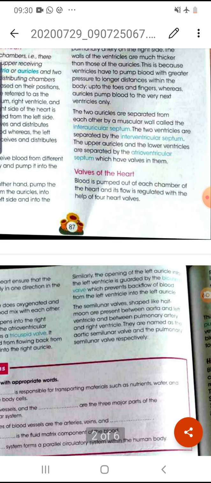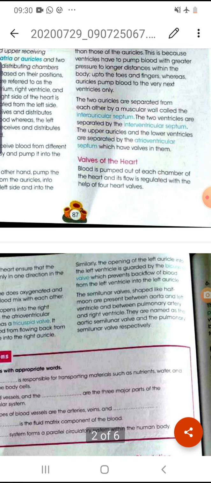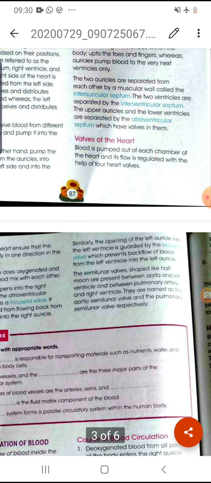So here also in the heart, as you have seen, there are many chambers and so many veins and arteries, so there will be some valves to give direction to the blood, and the blood will flow only in one direction. And here also the valves prevent the blood from any kind of backflow within the heart.